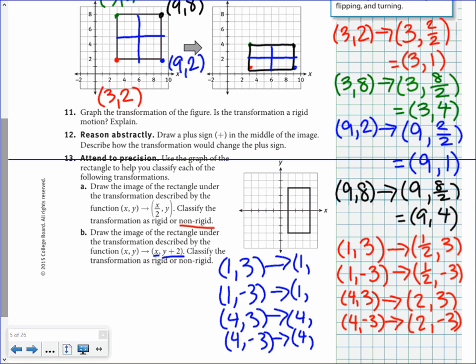Then the y value adds 2. So 3 plus 2 becomes 5. -3 plus 2 becomes -1. And then again 5 and -1. So if we graph this, we end up with this rectangle, which is the exact same shape and size. So this is a rigid transformation.